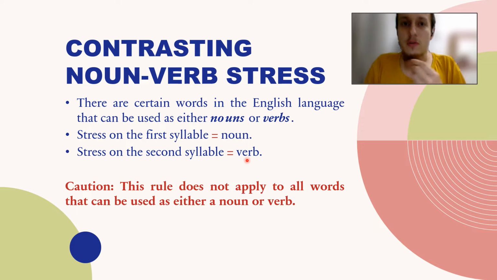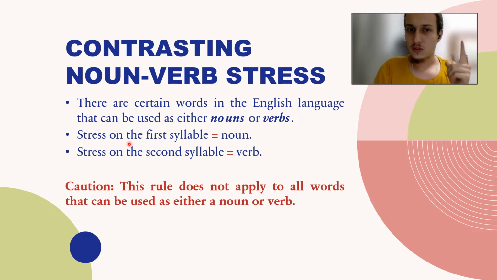I am going to show you some examples so you understand better. But be careful. This rule does not apply to all words that can be used as either a noun or a verb. Most of them, yes, but not all of them.